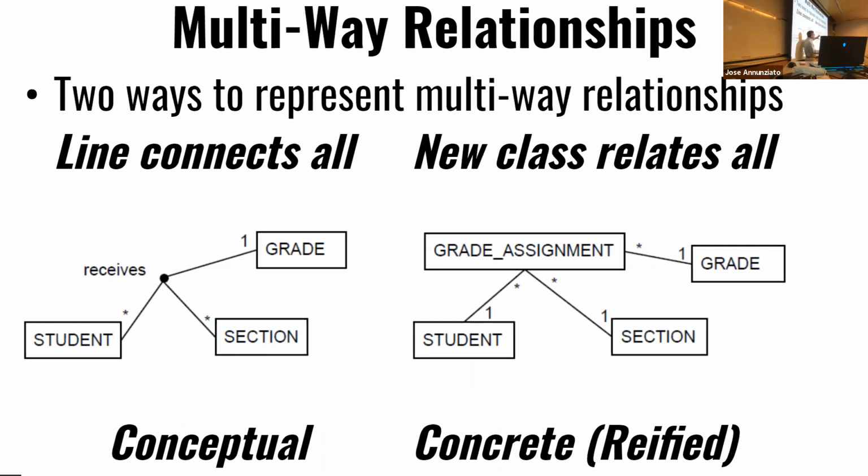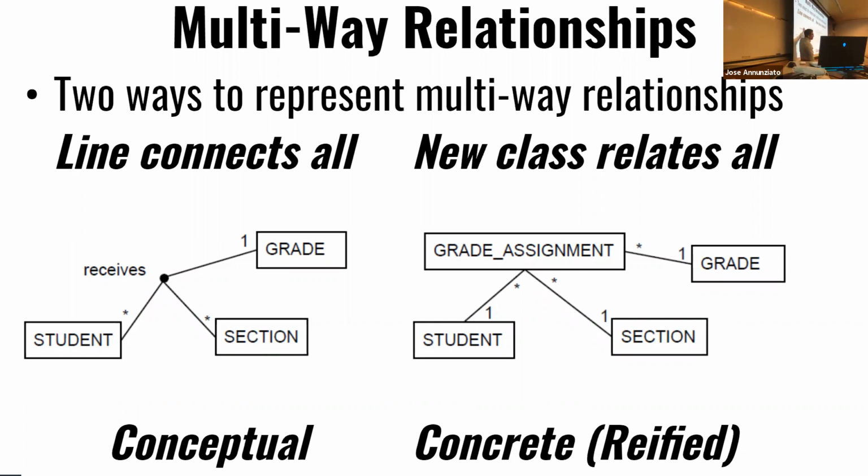Now in UML, it's easy to capture. There's a three-way relationship. For any one combination of a student and section, there is one grade. So if you give me a different combination of section and student, it'll be a different grade. Now we can't implement this in SQL. This is very abstract. We need to make it concrete.